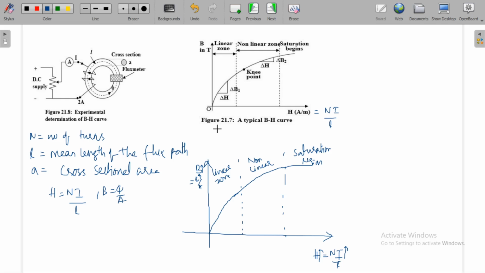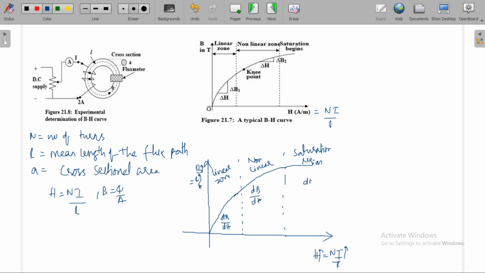The slope, dB by dH, is more in the first region, and the slope is gradually decreasing.